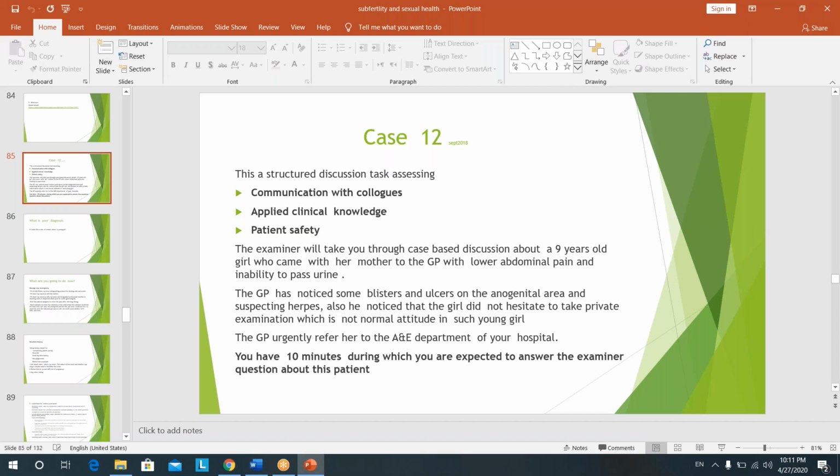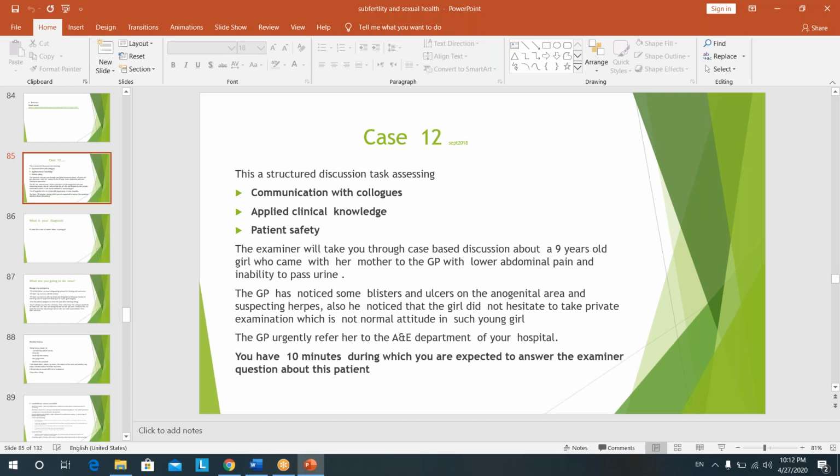But this patient first, for sure, will be admitted to the hospital for management, and I need to include my consultant, the child protection agency, and safeguarding, because if herpes simplex is highly suspected or diagnosed, this will raise the possibility of sexual abuse.